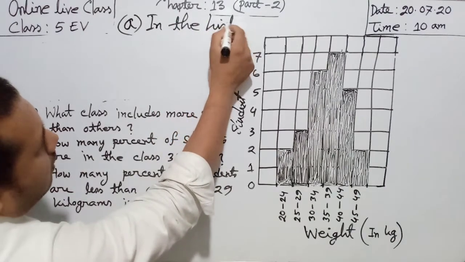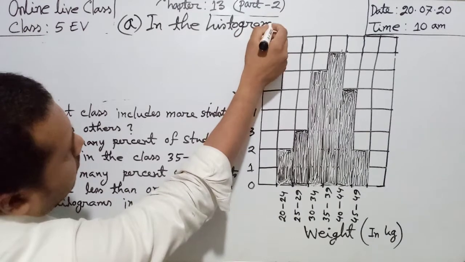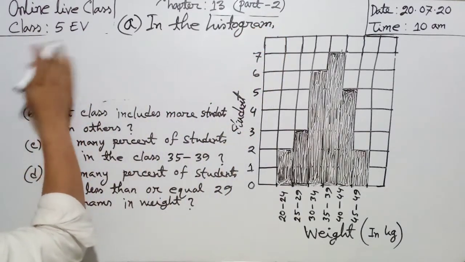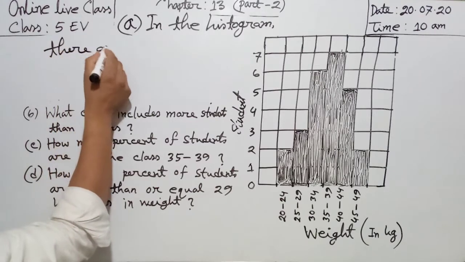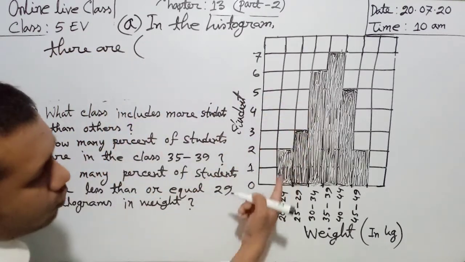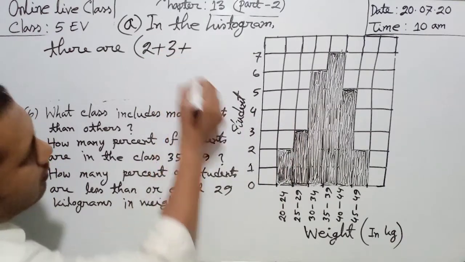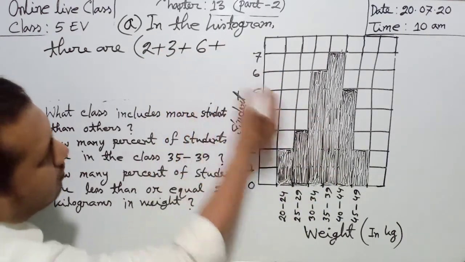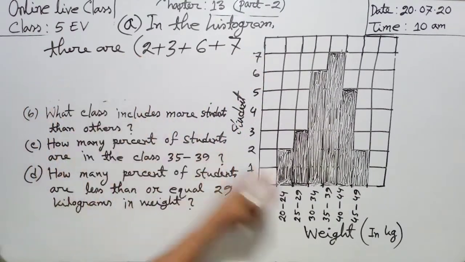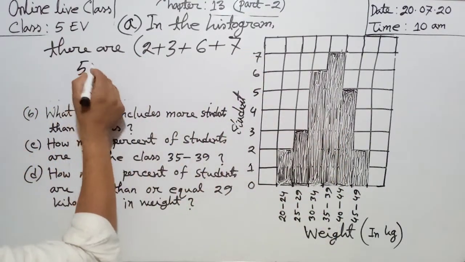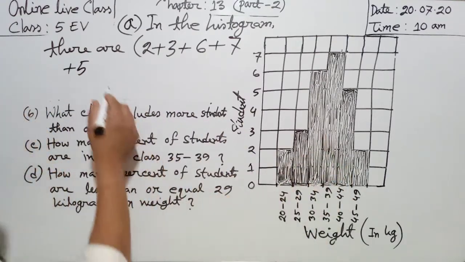In the histogram, there are how many? Now look, 2, then 3, then 6, this one 7, another one 5, another one 2.